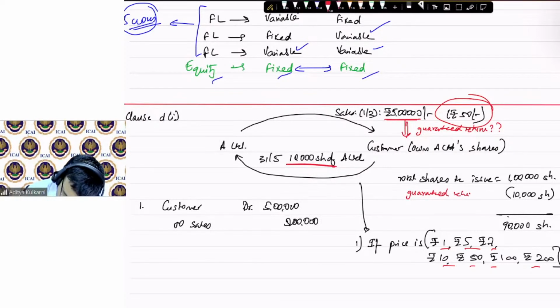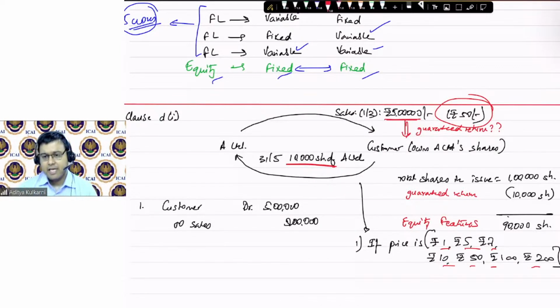Yes or no? And because there is a guaranteed return, the remaining 90,000 shares will exhibit equity features. Did you understand this? Have you understood this part?